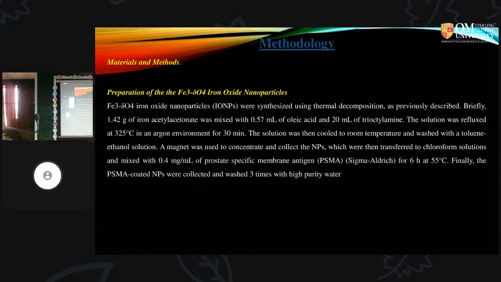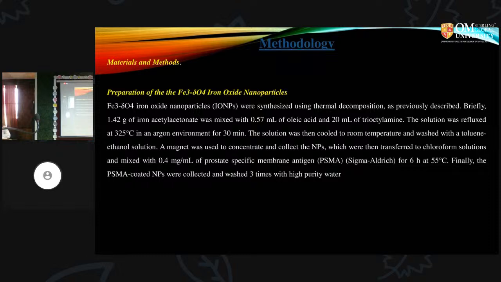The solution was then cooled to room temperature and washed with a toluene ethanol solution. A magnet was used to concentrate and collect the nanoparticles, which were then transferred to chloroform solution and mixed with 0.4 mg per ml of prostate specific membrane antigen for 6 hours at 55 degrees Celsius.